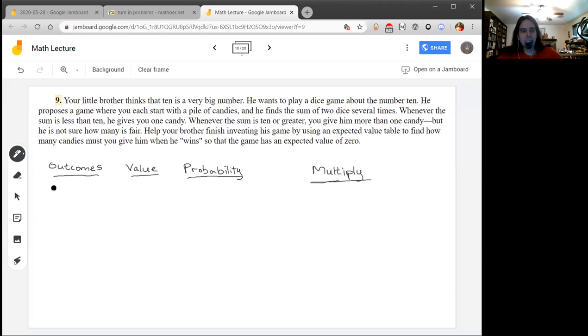So we have 2 outcomes. It's either the sum is 2 to 9, or it's the sum is 10 to 12.